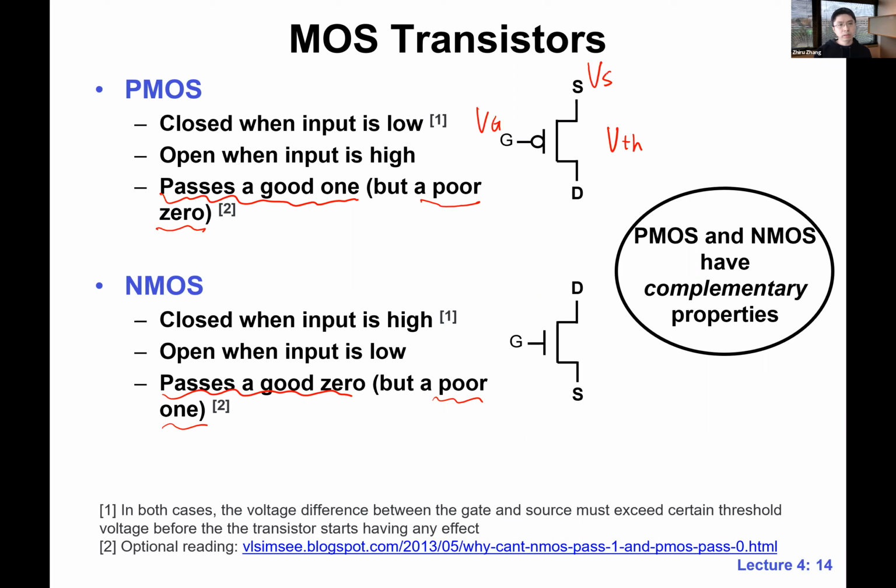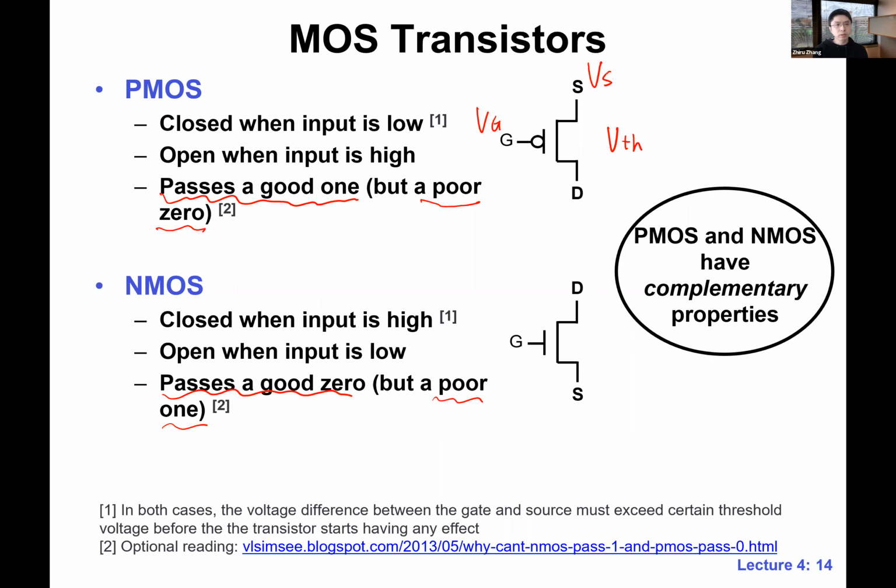But this threshold also plays a role when you pass 1 or 0. A PMOS transistor can pass a perfect 1, but it can only pass a 0 which is near the threshold voltage, VTH, but not 0.